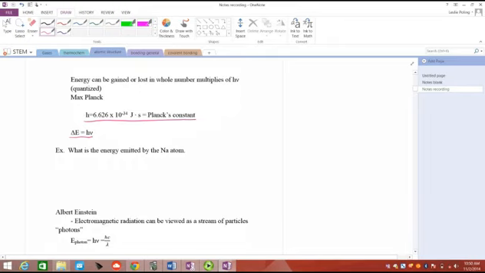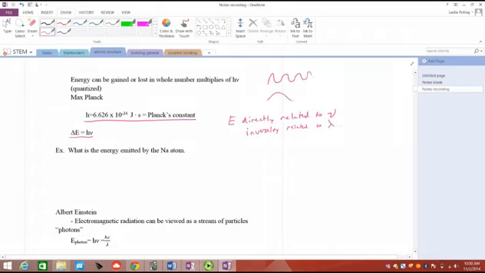So we know that energy is directly related to frequency, which means energy is inversely related to wavelength.